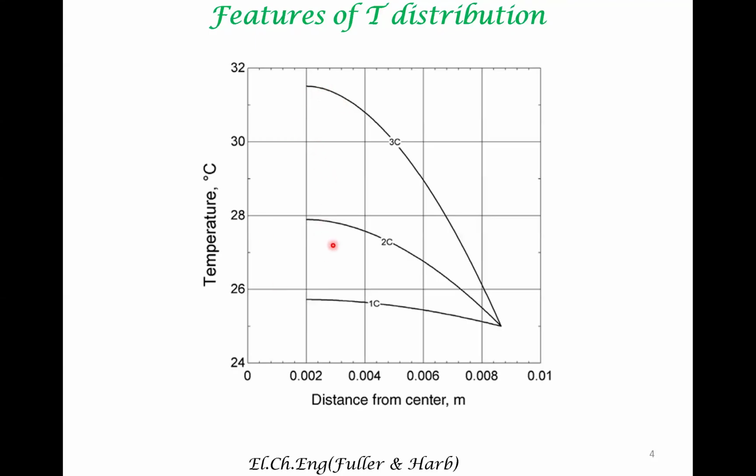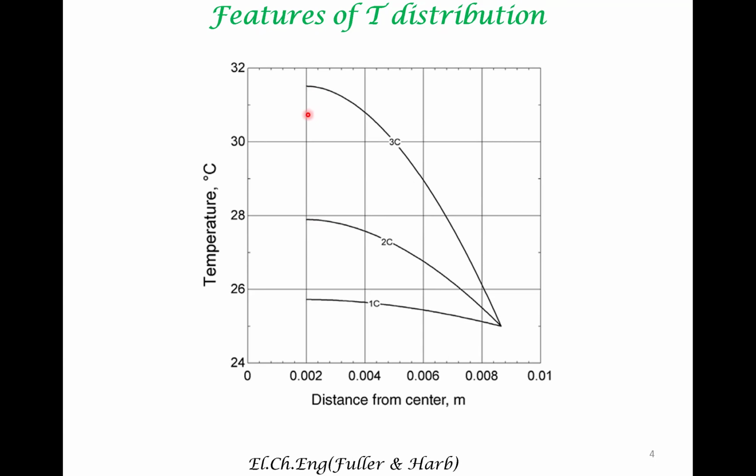So if you have a greater radius, the temperature inside the battery is going to be higher, especially as you get to the center, the temperature is going to be higher and higher. So even though there is an advantage in increasing the capacity, you do not increase the radius because of this temperature distribution.